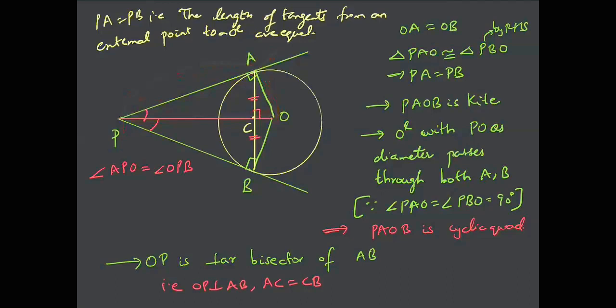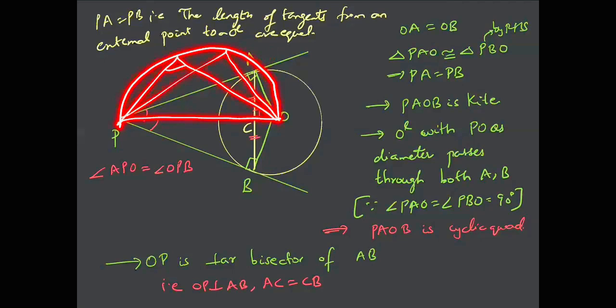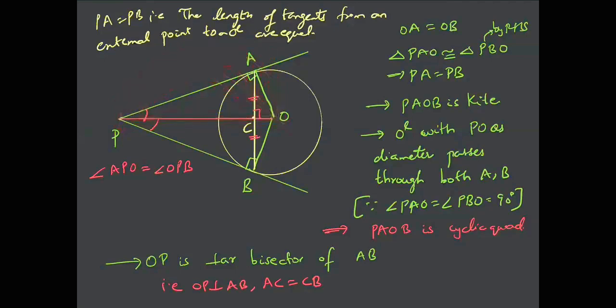PO will subtend 90 degrees at every point on the circumference. And since angle PAO is also 90 degrees, if I draw a circle with PO as diameter, it should pass through point A. Similarly, it should also pass through point B, because angle PBO is also 90 degrees.